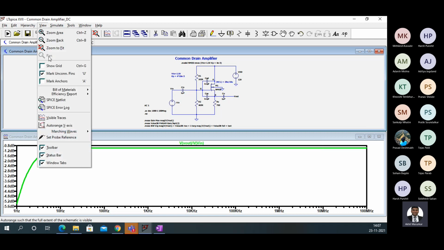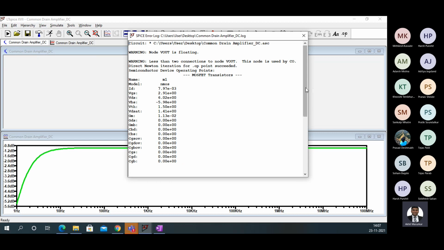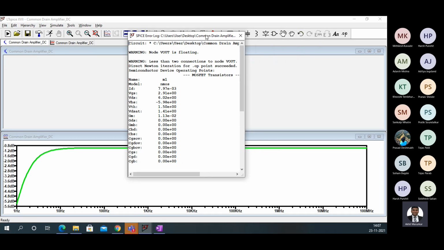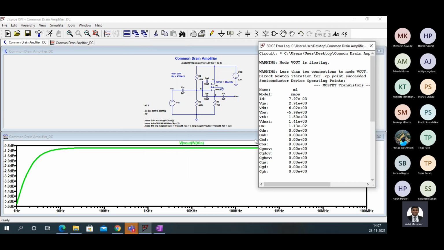Show me like this, the circuit and the graph.